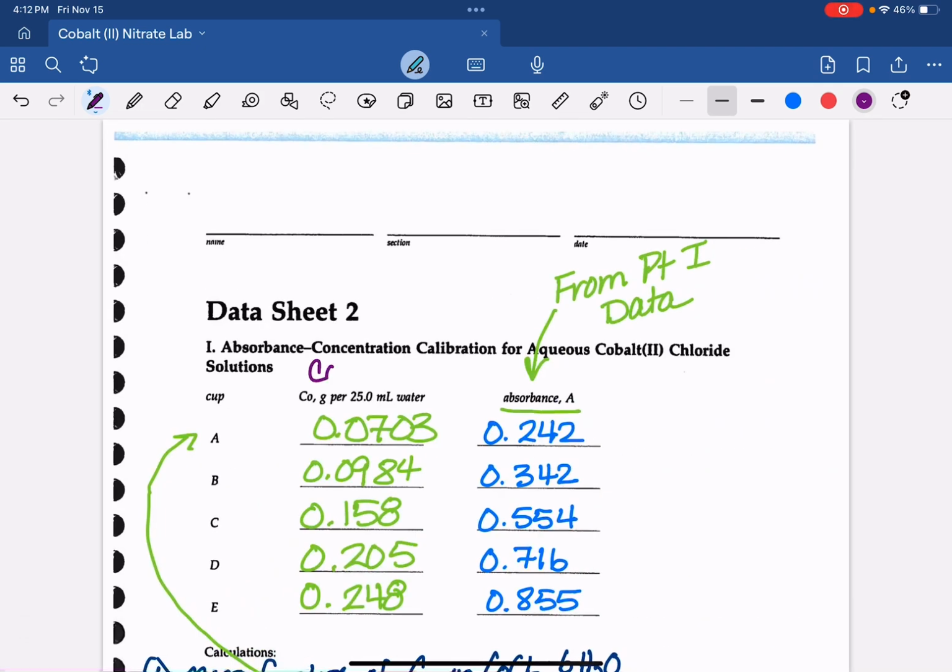This is the concentration that goes on the x, and this is the absorbance that goes on the y for your graph.